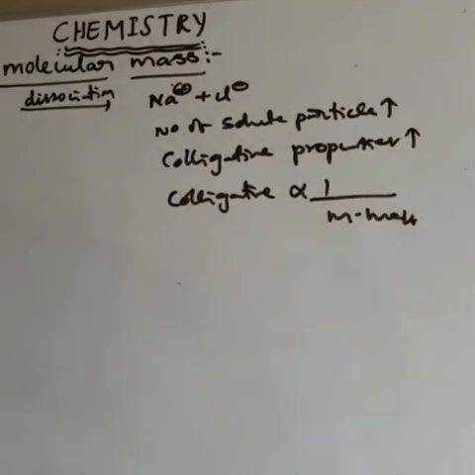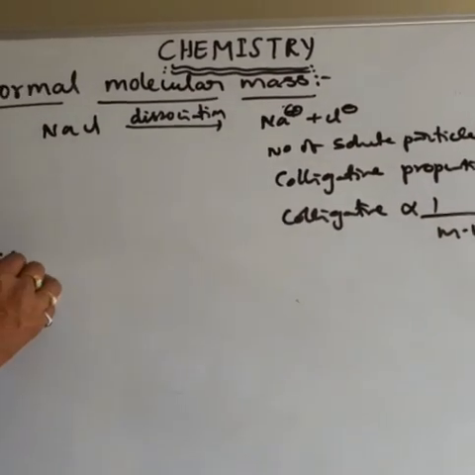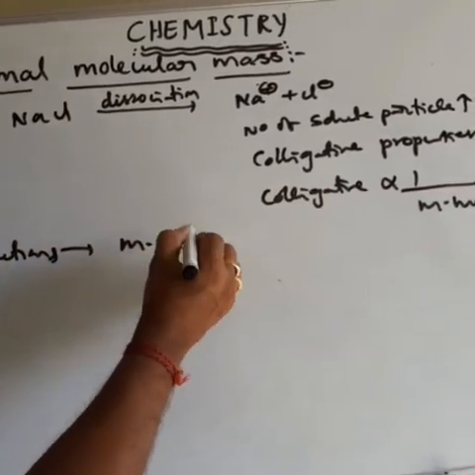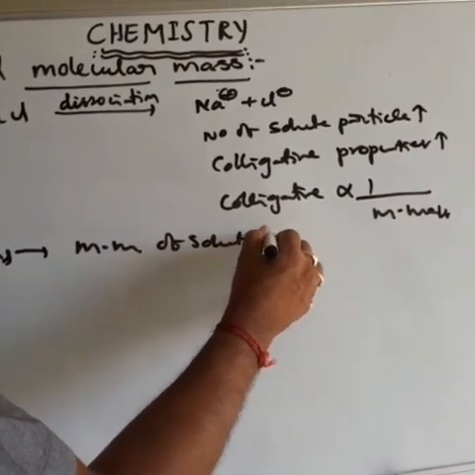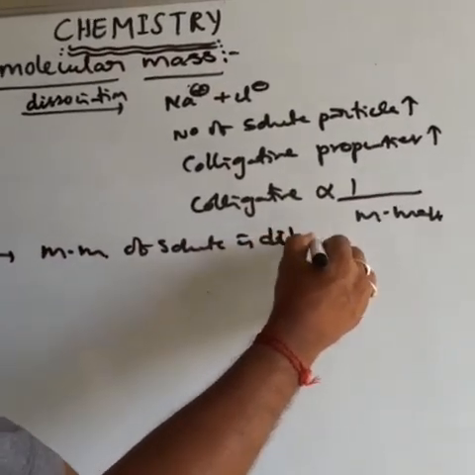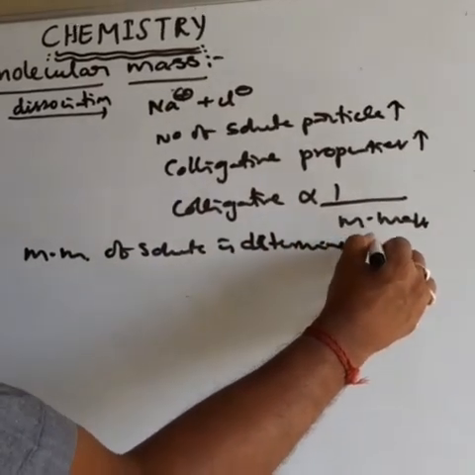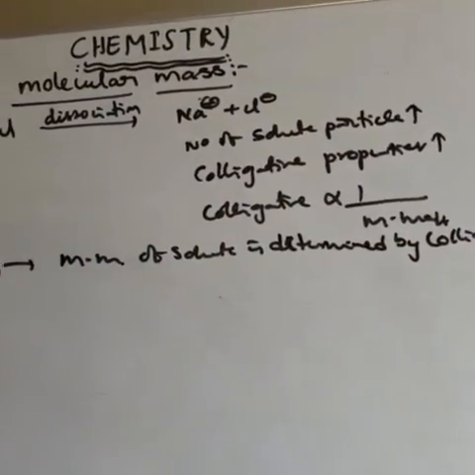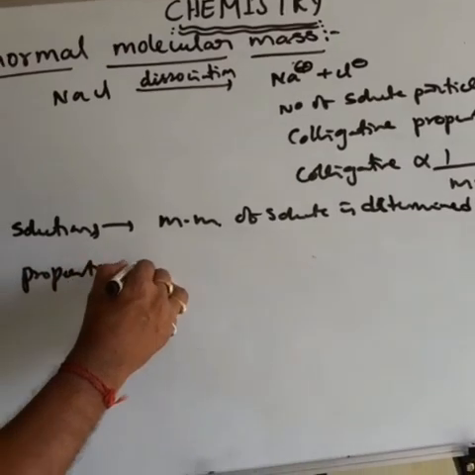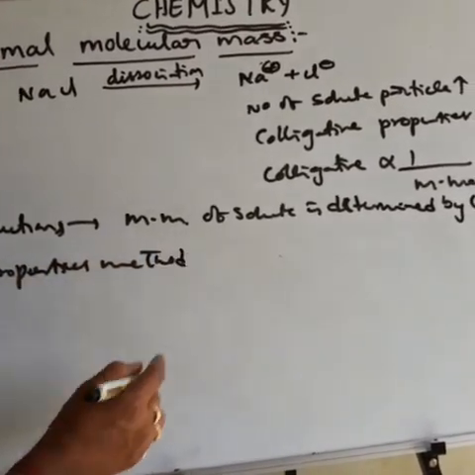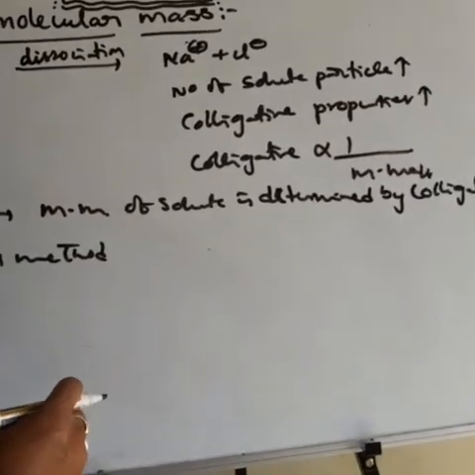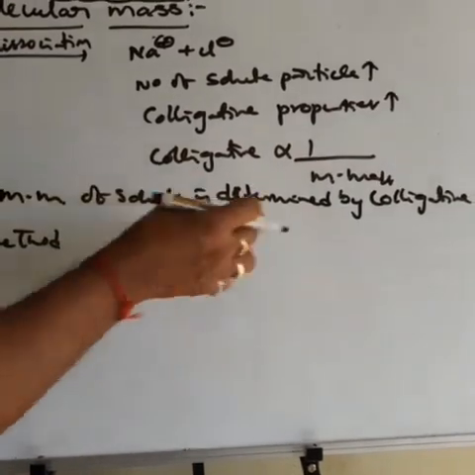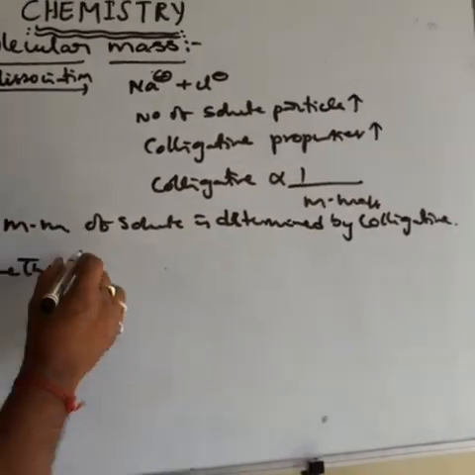For such types of solutions, the molecular mass of the solute is determined by the colligative property method. The colligative property method may be lowering of vapor pressure, elevation of boiling point, depression of freezing point, or the osmotic method.